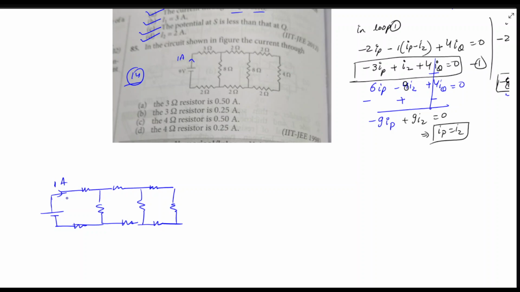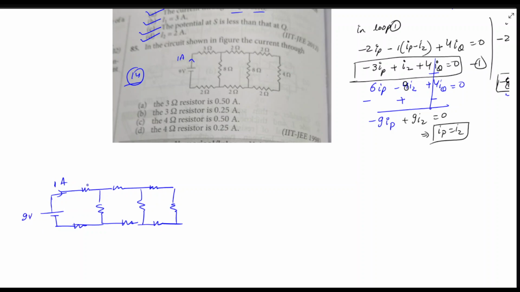Right? So let me make the diagram. Like this. So the current through the battery is 1 ampere.